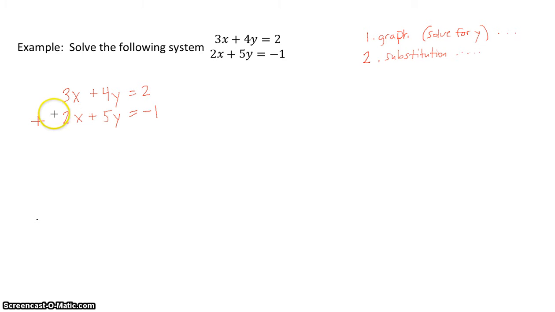If I add the first and the second equations together, I get 5x plus 9y equals 1. This is another equation that I could add to this system, but that doesn't help us because we already have 2 equations, 2 variables. So we need to think of something else that we can use.